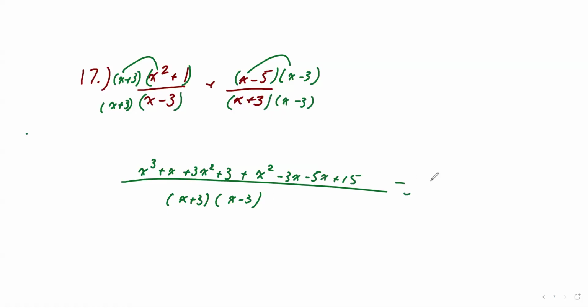Combine like terms, so I have x cubed plus 4x squared, and then that'd be 1 minus 8, so that'd be minus 7x. And then that'd be 18, 3 plus 15. Again, just leave that as is.